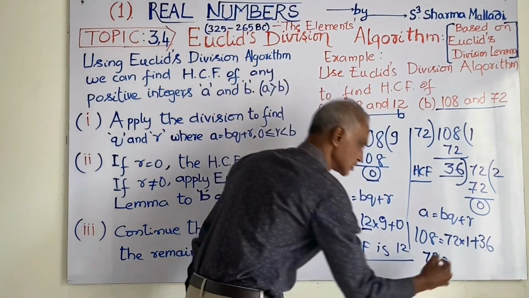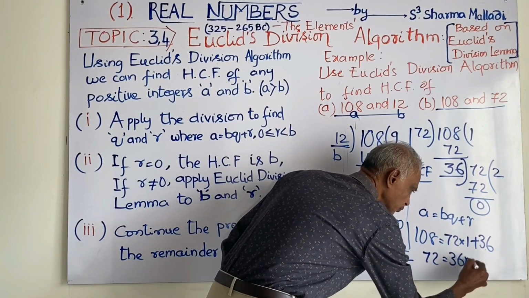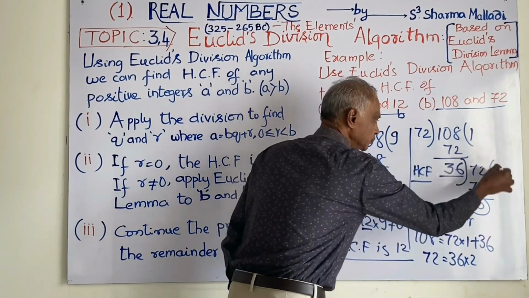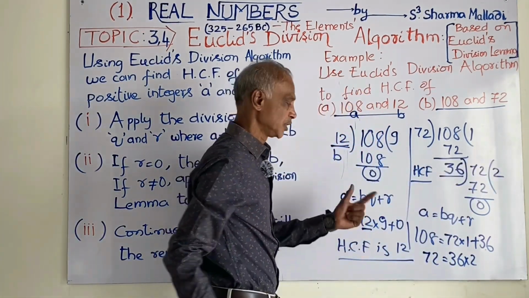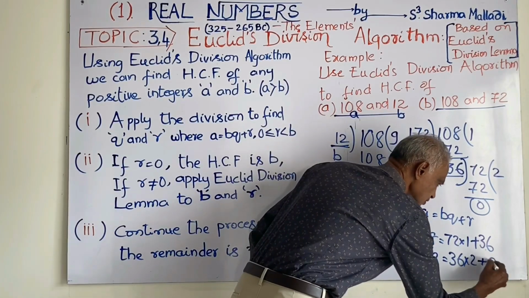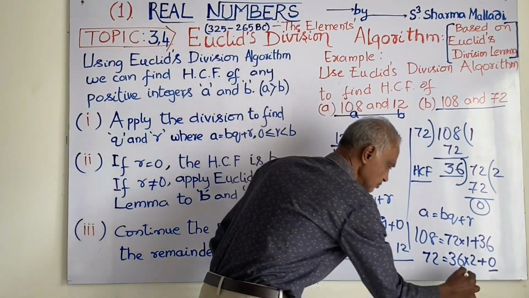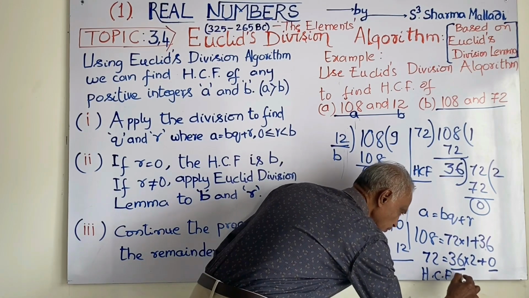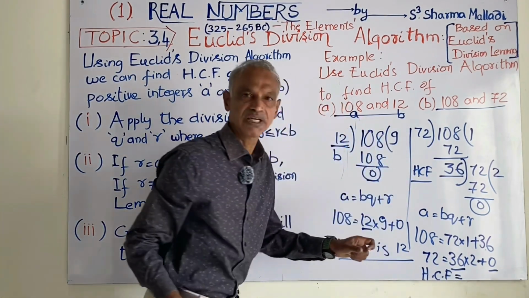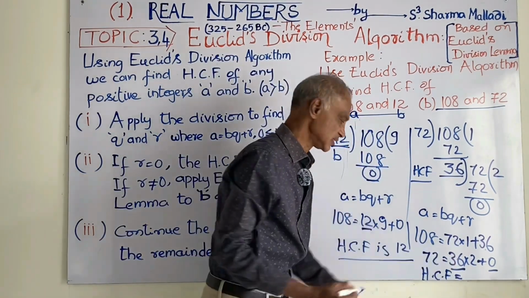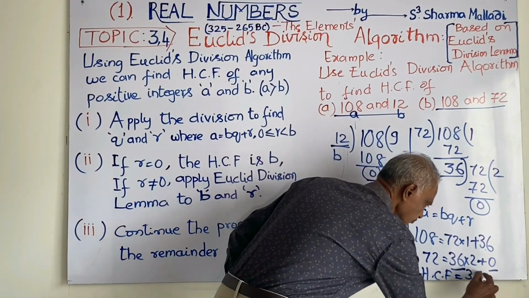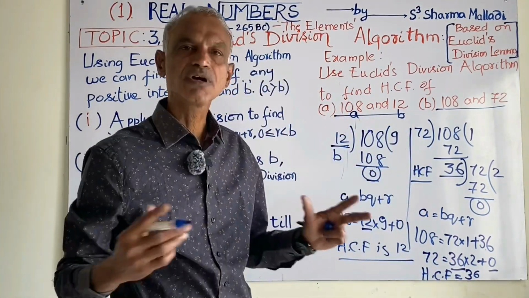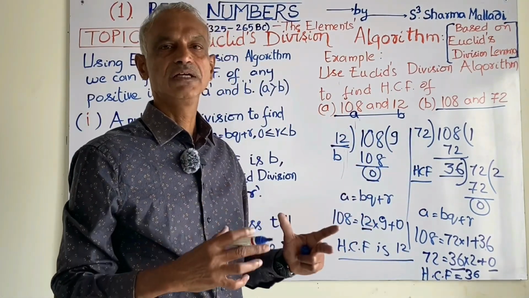It can be written as 36 into 2, which gives 72, plus the remainder 0. As remainder is 0, we take B, so 36 is the HCF. I think you have understood Euclid's division algorithm.